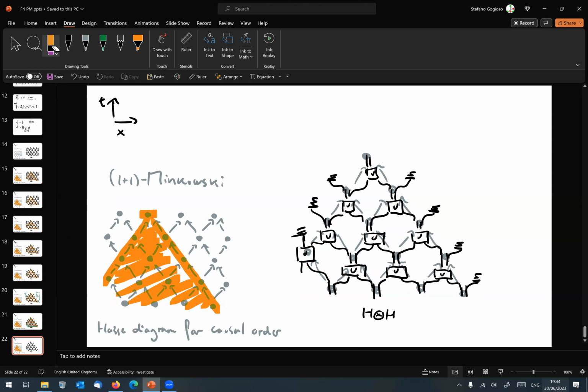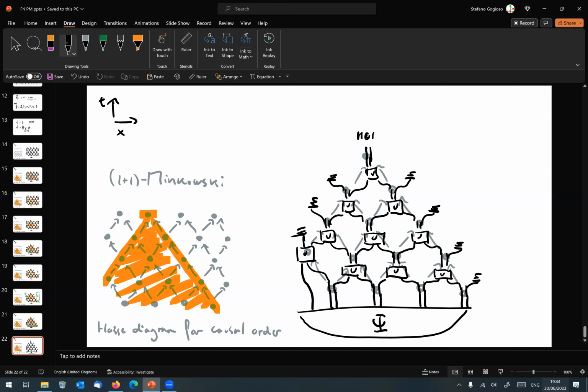And I can say, if I set a global state for the wires at the bottom, so whatever the initial state for the initial slice is, it can be entangled, it can be mixed, I don't care. This big CP map tells me what the final state on my desired event, so in H times H, is. So that is the part of the diagram that contributed to producing the state at the end.